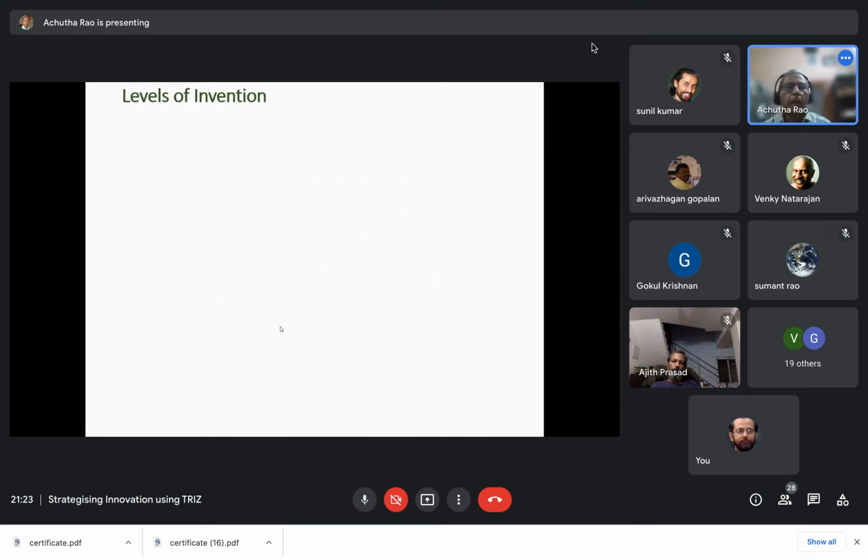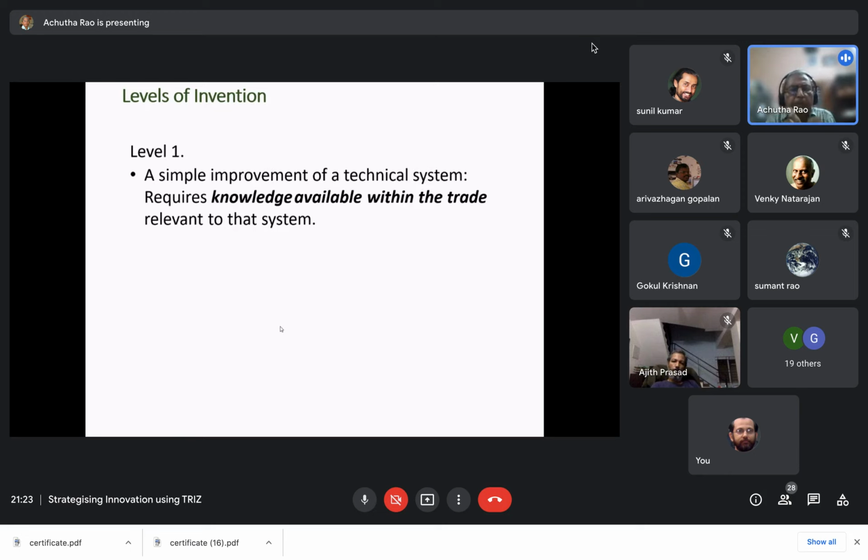So basically, level 1, he calls, is a simple improvement of a technical system requiring knowledge available within the trade only, relevant to the system. Suppose I am designing something, a spanner, mechanical, I am from a mechanical domain, right? I have enough knowledge within my trade, that is mechanical engineering, I can solve the problem. So there is a first level of almost obvious improvement you are doing. That's one level of innovation.